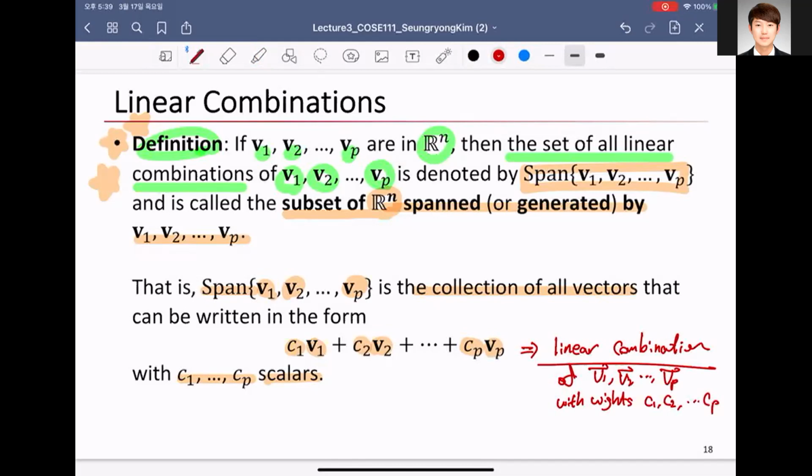In other words, whole possible linear combinations of v1 and v2 and vp are called span of v1, v2, and vp. In other words, from now on, we can write span of v1 and v2 and vp to represent collection of all possible vectors that can be written in a linear combination of v1, v2, and vp. This is span.